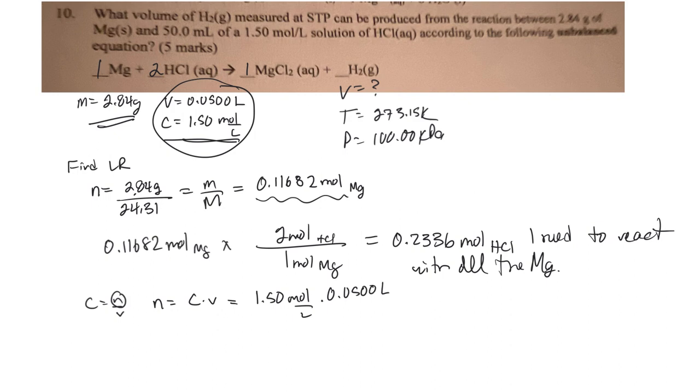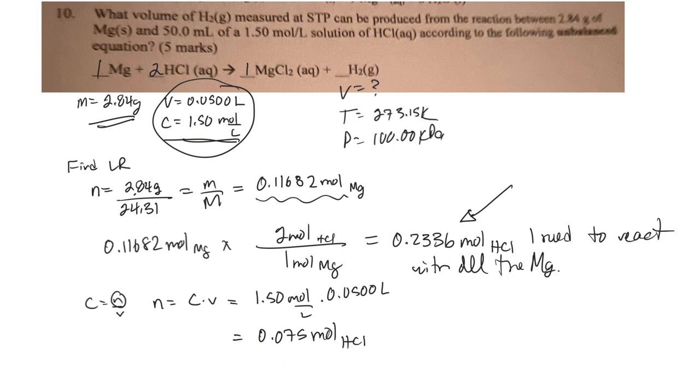When I multiply all that out, 1.5 times 0.05, that comes out to 0.075 moles of HCl.